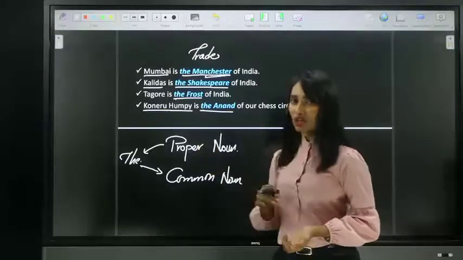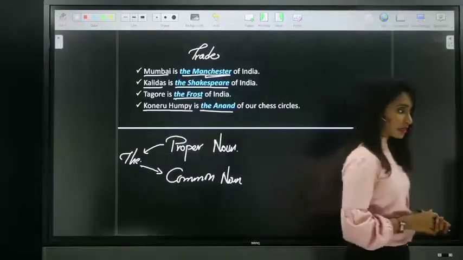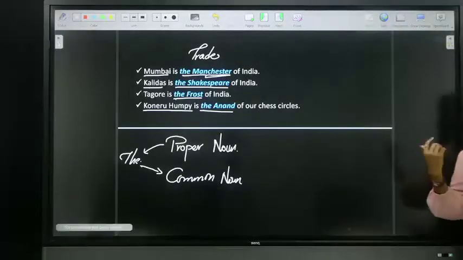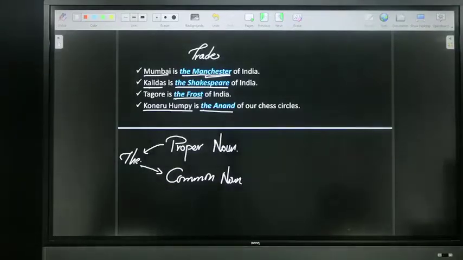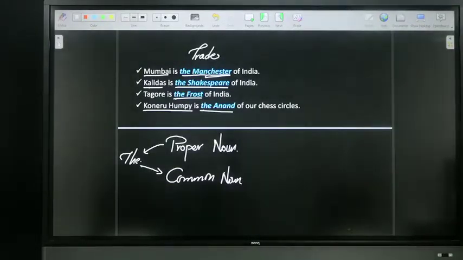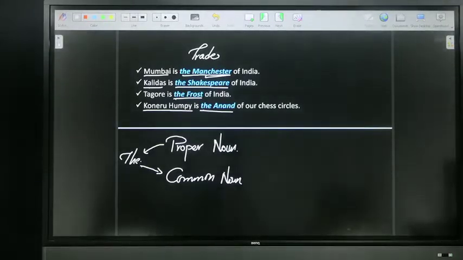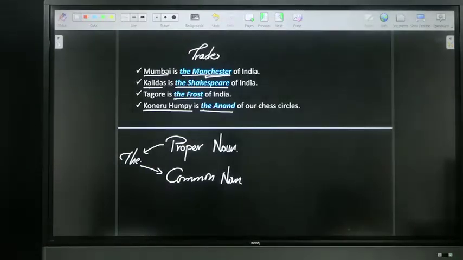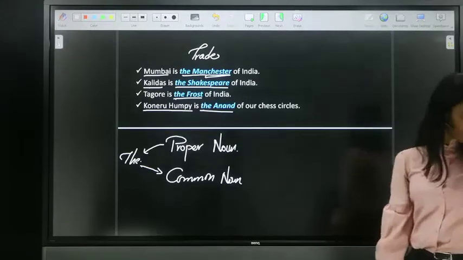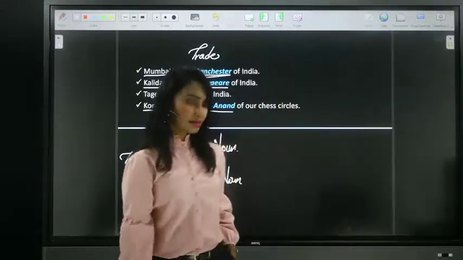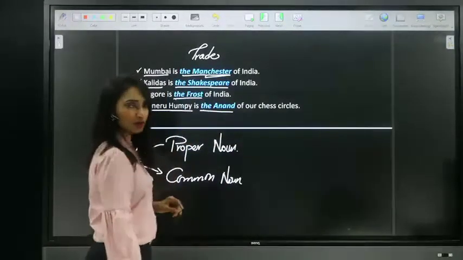How to make a proper noun a common noun and why we have to do it, if you have any doubts, please let me know. So no questions? I hope it is clear to you then. Right, let's move on to the next one.